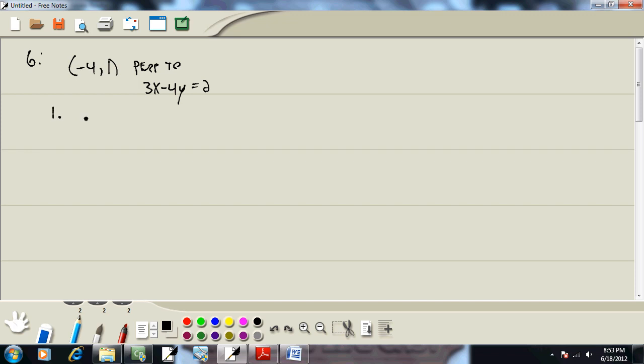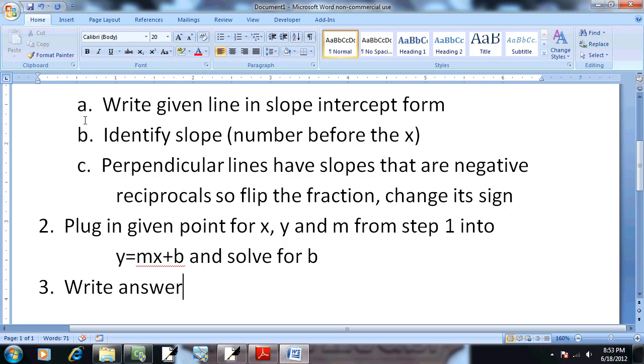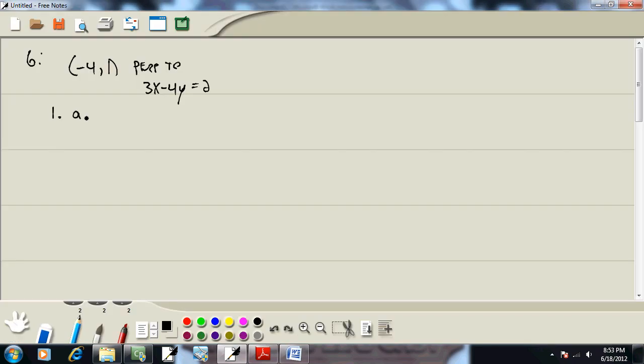Step 1, find m. Step 1a is to write the given line in slope-intercept form. So we want to solve it for y. I'm going to take the -4y to the right side, and I'll take 2 to the left side. So that gives me 3x minus 2 equals 4y.